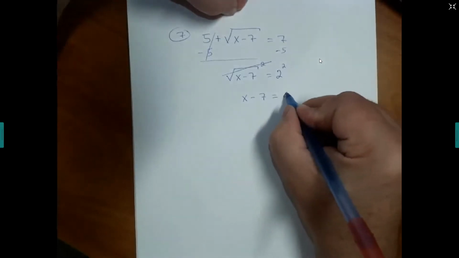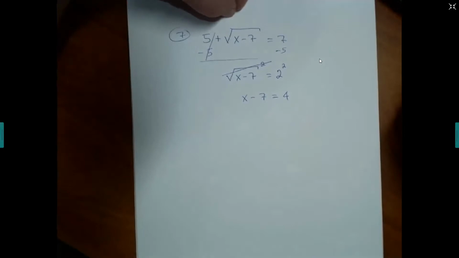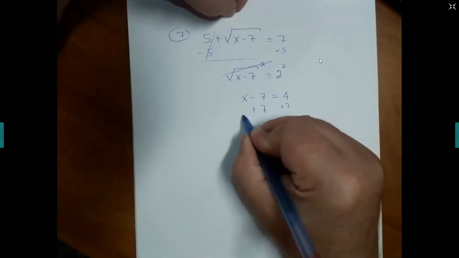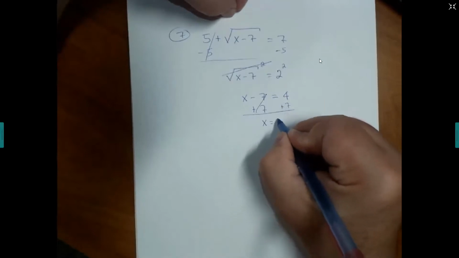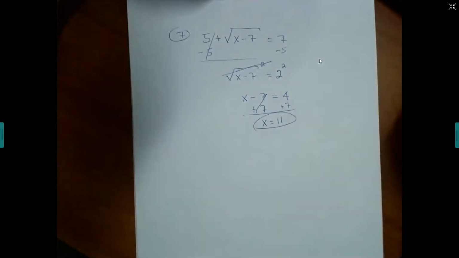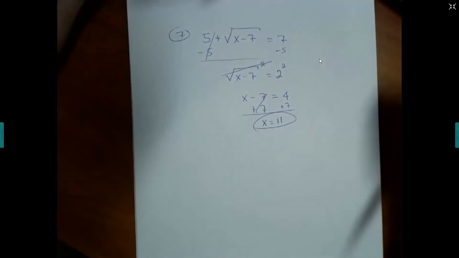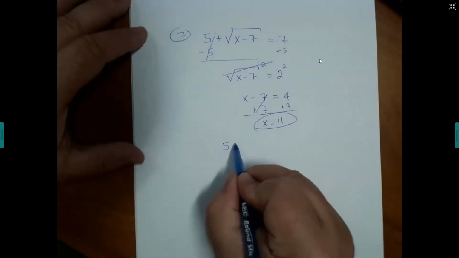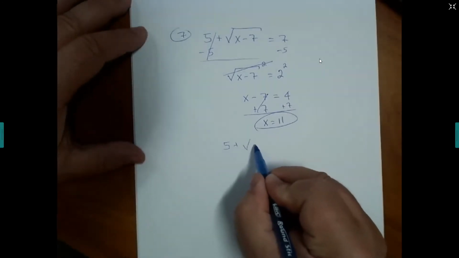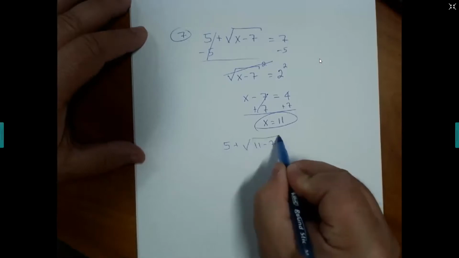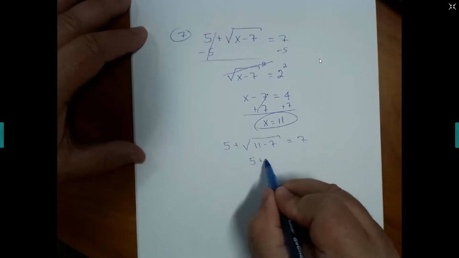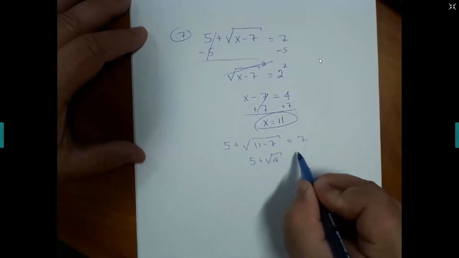Two squared is 4. Solve for x. And then you can check your answer. 11 minus 7 is 4.